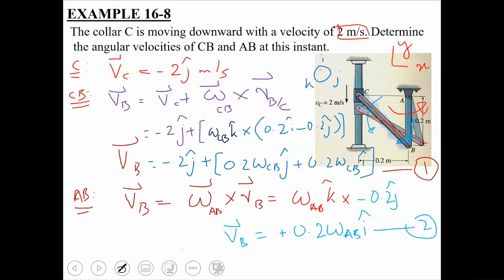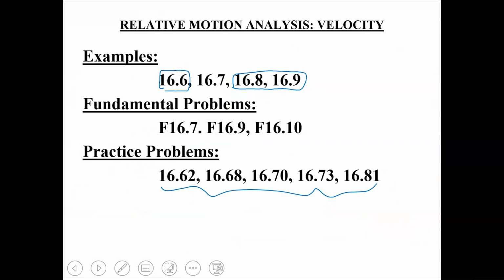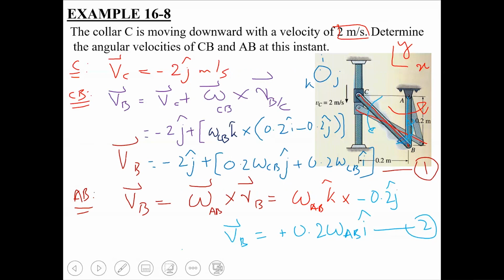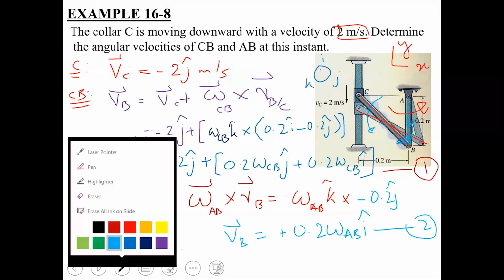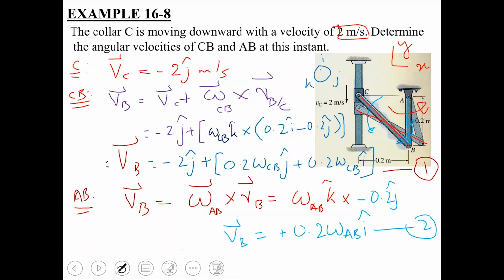It means that equation 1 and equation 2 can be equated, isn't it? Yes, sir. So equation 1 में मैं equation 2 से VB की वैल्यू अगर निकाल के डालूं, so that value would become 0.2 omega AB i. ठीक है? Okay, so now it is a vector equation.